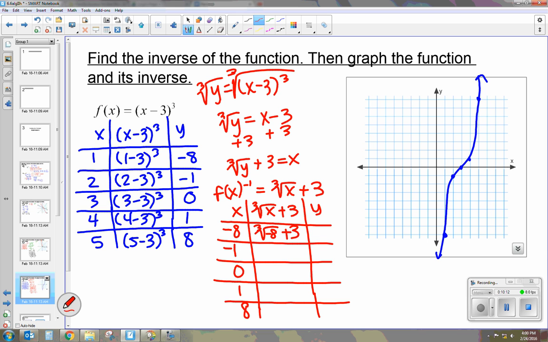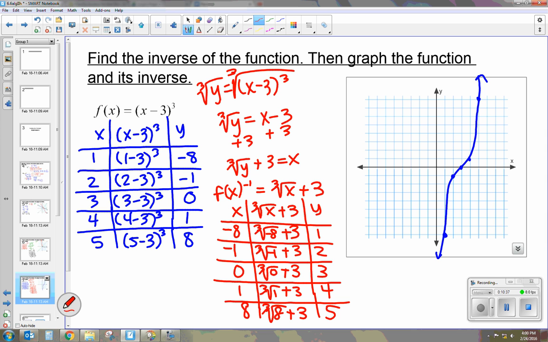So that gives us a 1, a 2, a 3, a 4, and a 5.